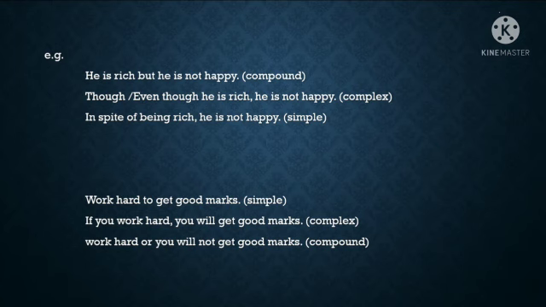You have to use the appropriate subordinating conjunction or else the meaning will change and the sentence will become wrong. So though, even though or although can be used here. Though he is rich, he is not happy.